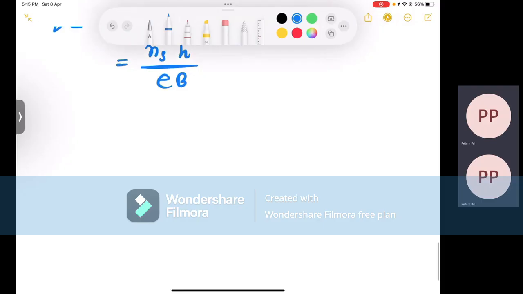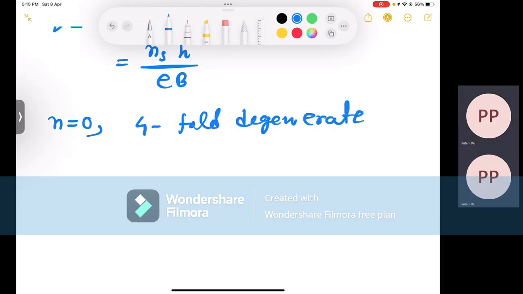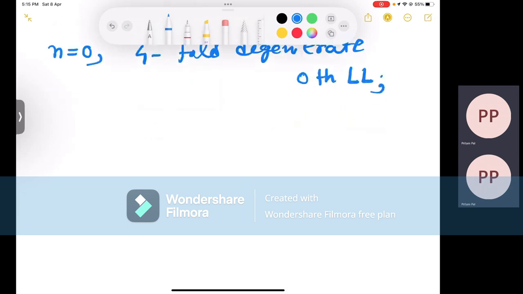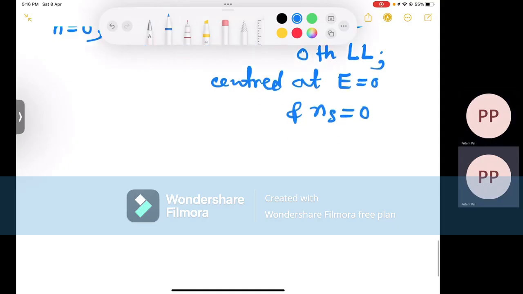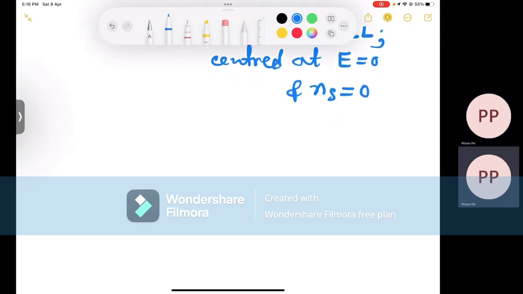And at n equals 0, you will have a fourfold degenerate zeroth Landau level, centered at E equals 0, and carrier density is also 0 here, and it has to be separated by the filling factors nu plus minus 2 in order for it to be symmetric, right?